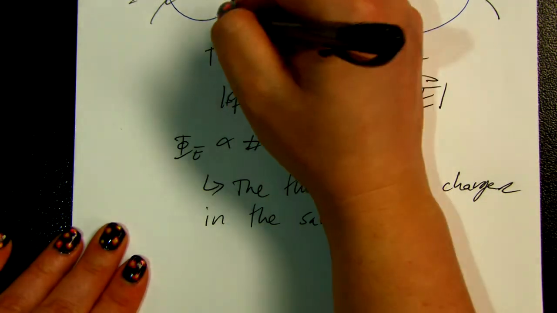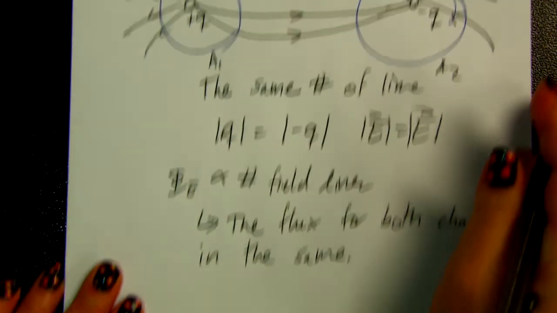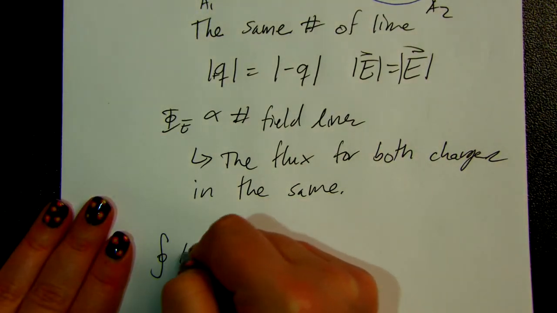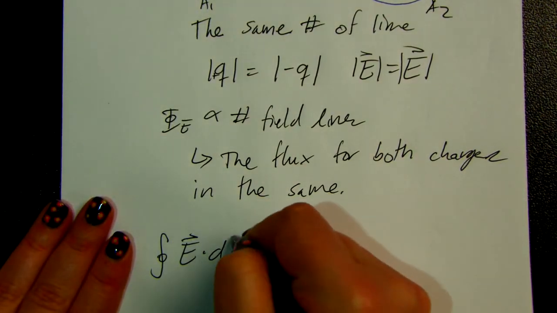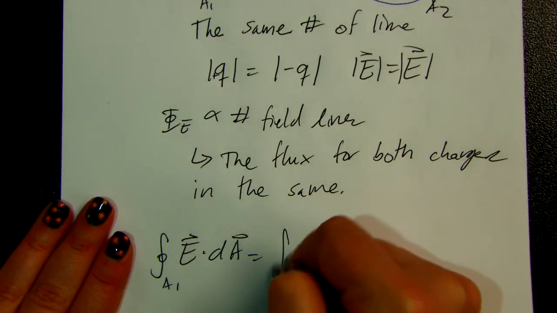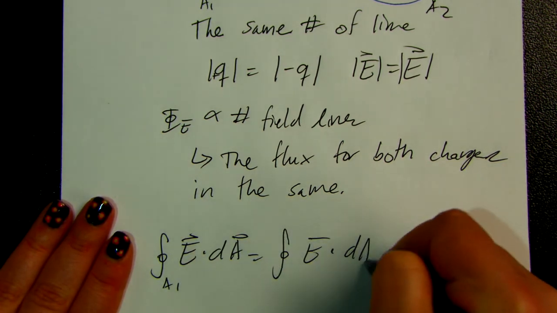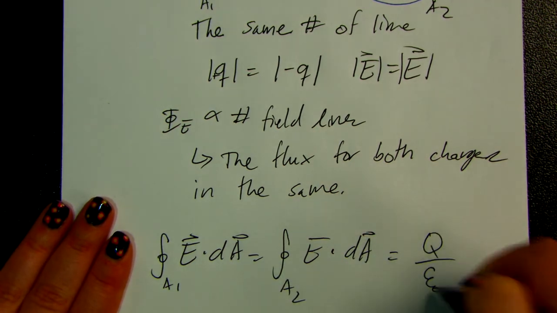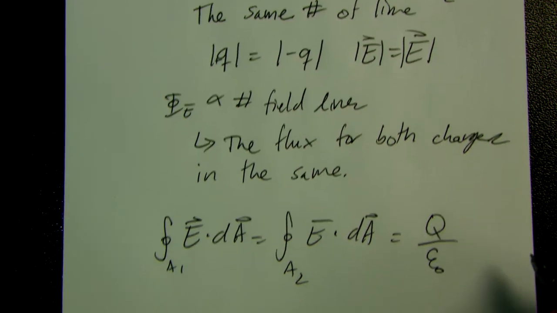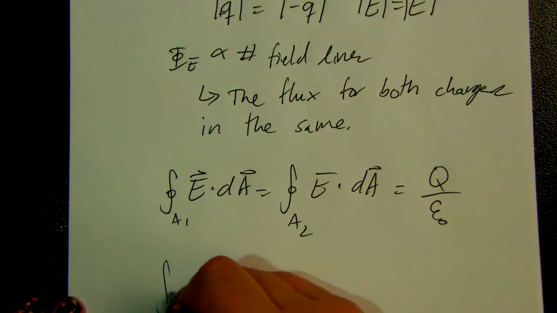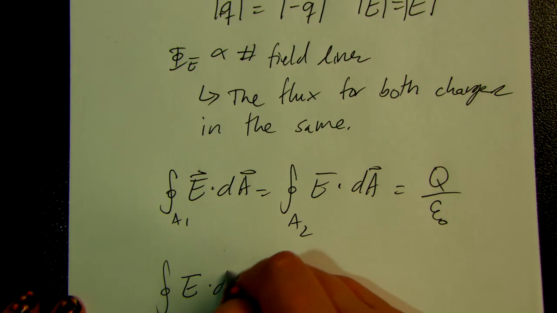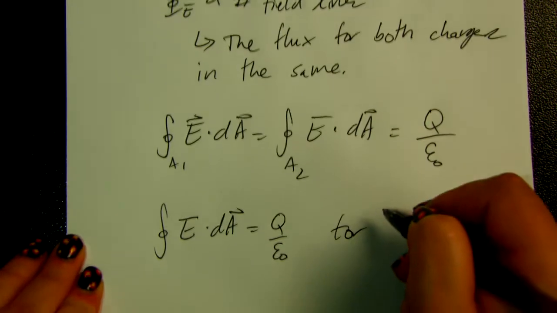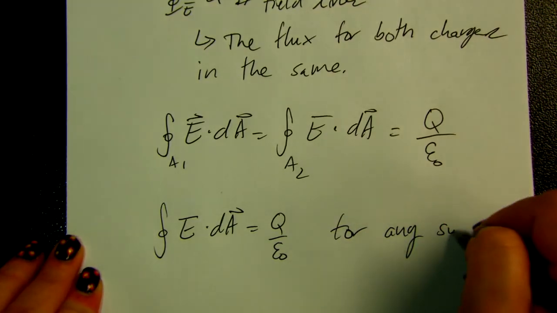So remember, this one's area 1, that one's area 2. So we have the surface integral E dot dA for A1 is equal to the surface integral E dot dA for A2, which is going to be equal to Q over epsilon naught. And this holds true for any surface.